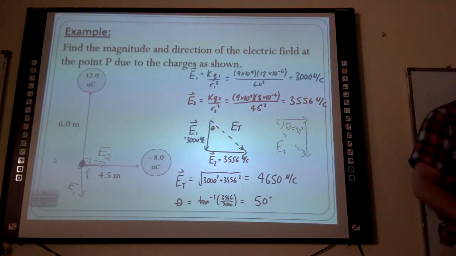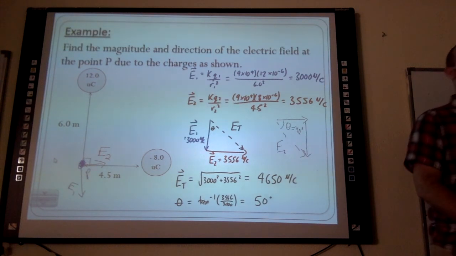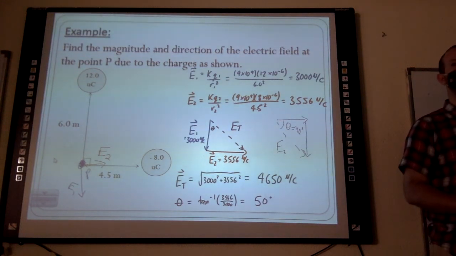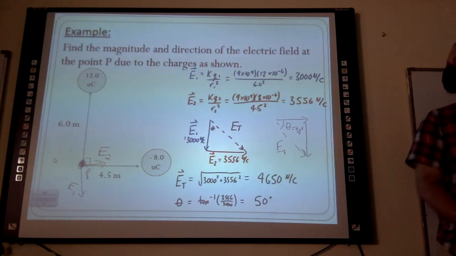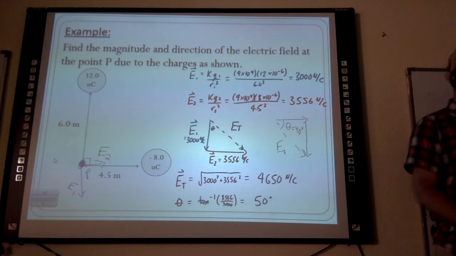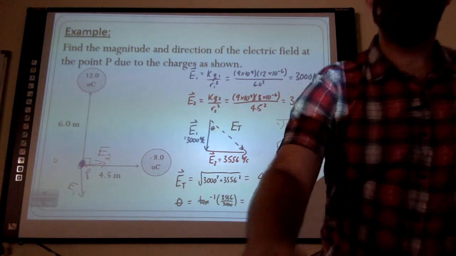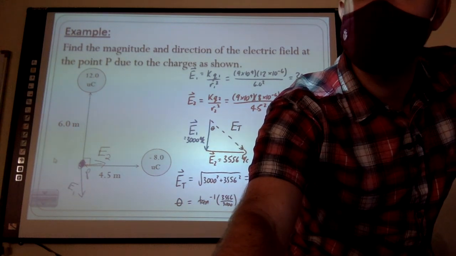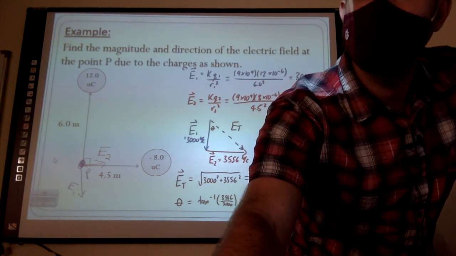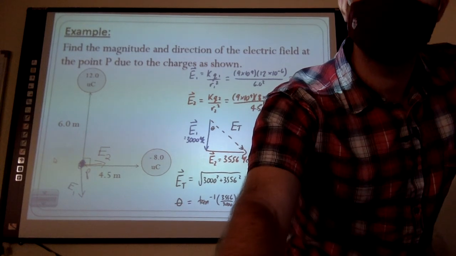And how will you solve it? Sine law, cosine law, or the component method. Those are a little bit trickier. If I look at the notes, I don't think I give you anything for this that is not 90 degrees.